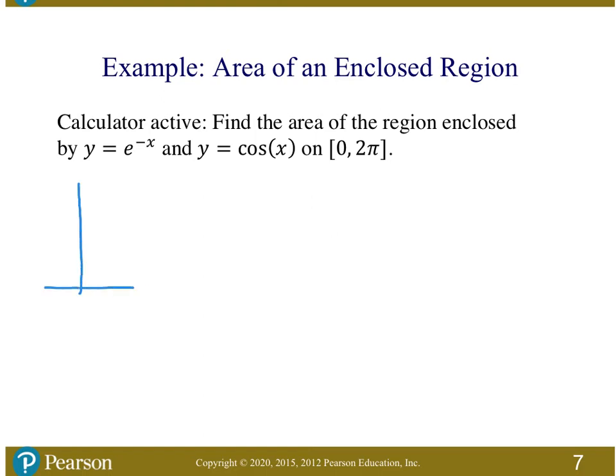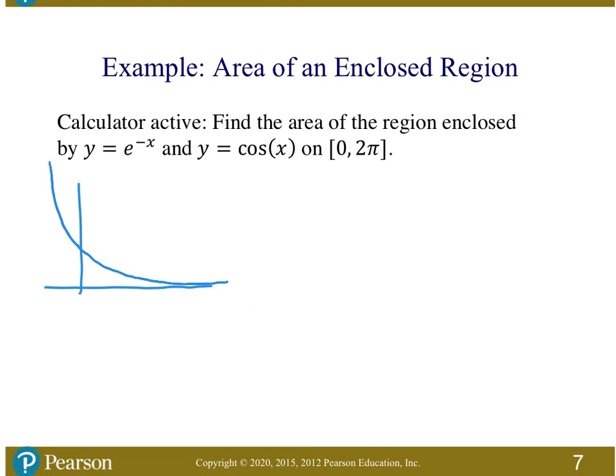So remember that e to the -x comes down as a reflection and goes through the number 1. Once it crosses the x-axis, it comes down to being asymptotic to the x-axis.